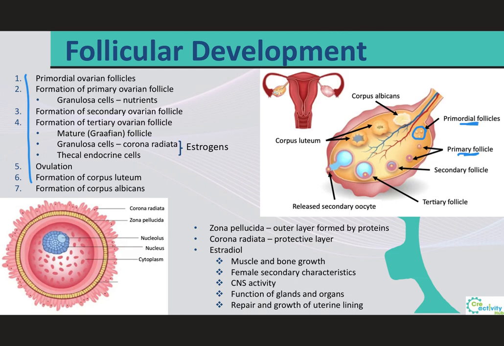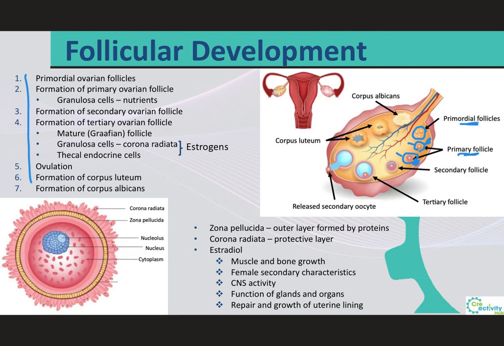These follicular cells will undergo repeated cell divisions, and as a result, several layers of follicular cells develop around the oocyte, as we can see from these 2 follicles over here. Notice how there are more cell layers around the oocyte on this follicle than on this one.